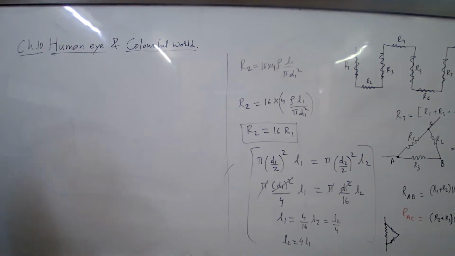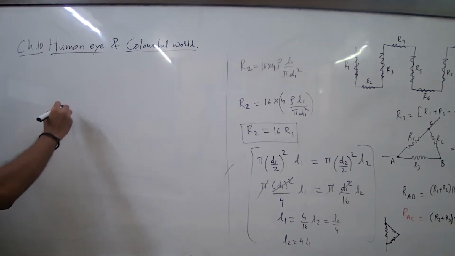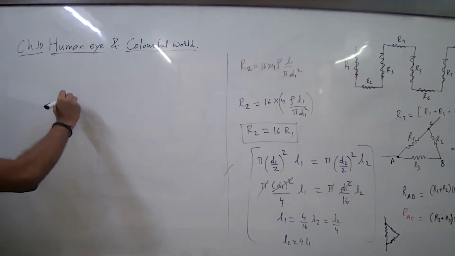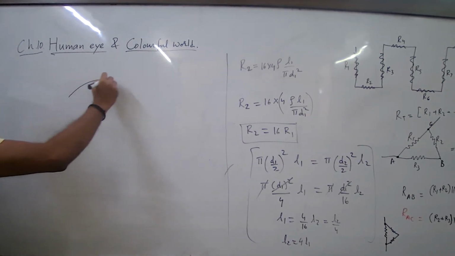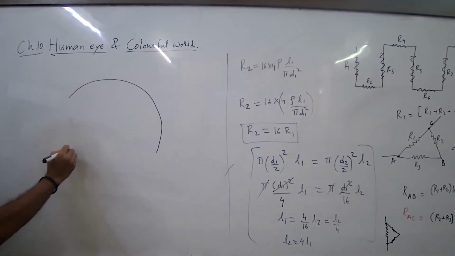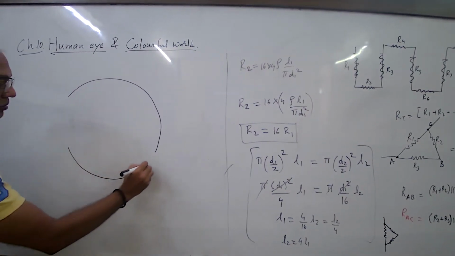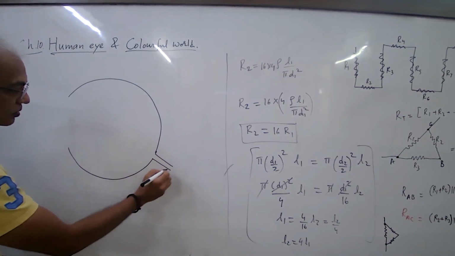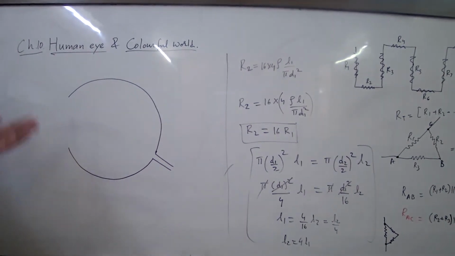I agree. So let's understand the human eye structure. So this is the human eye. This is the eyeball, the full eyeball.